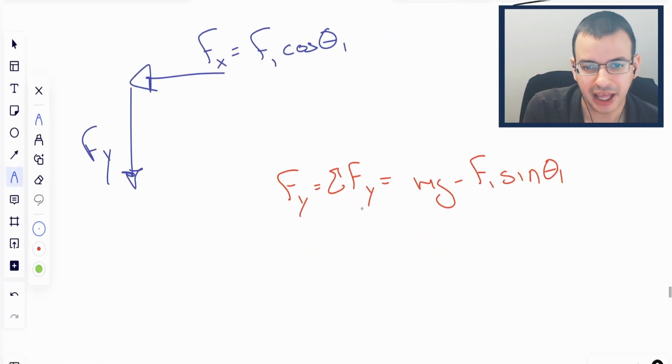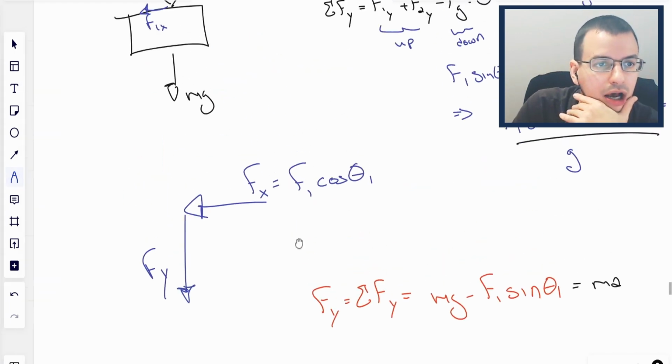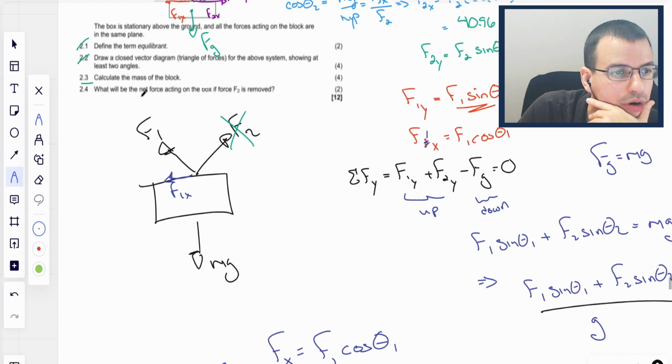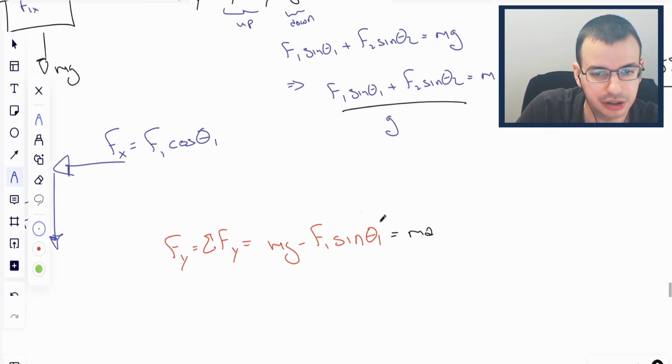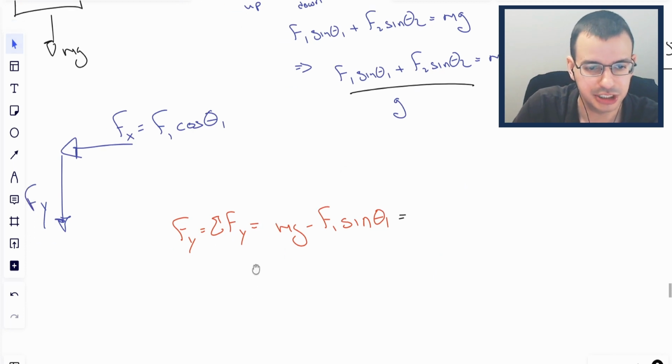I had mg positive, meaning that down, the direction of the force of gravity, is what I chose to be the positive direction. You can choose it however you want, as long as they oppose each other. And this is going to equal mass times acceleration. Do we want to know that? No, we just want to know the net force, so we don't actually care about the acceleration. So net force, sum of all forces.